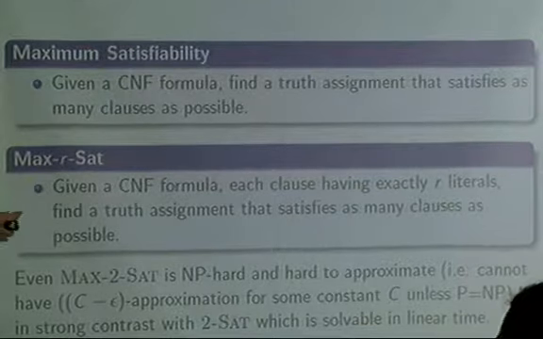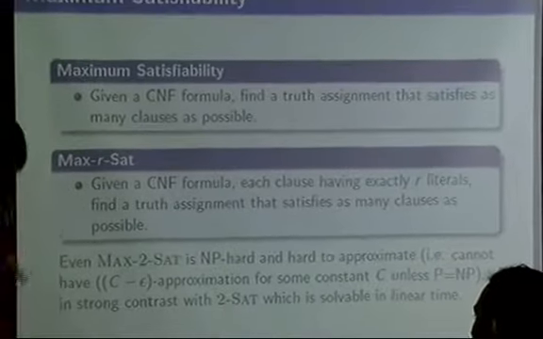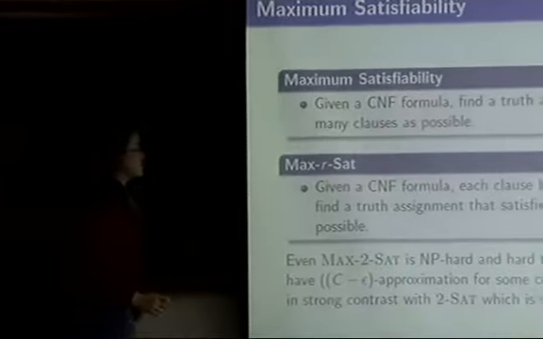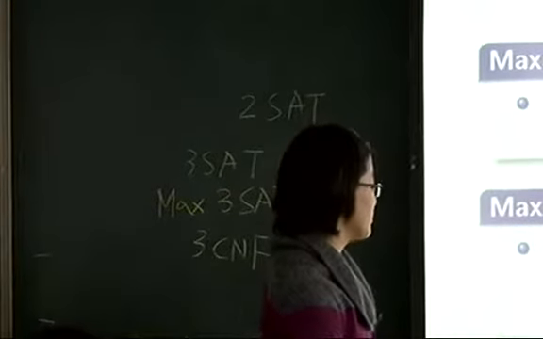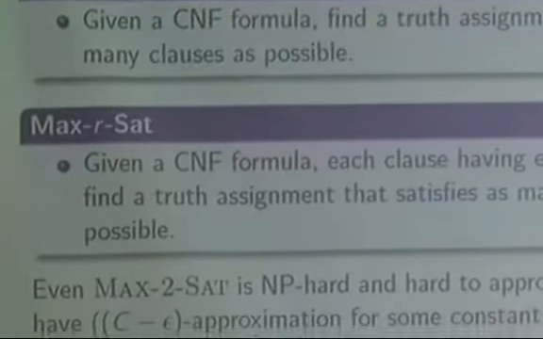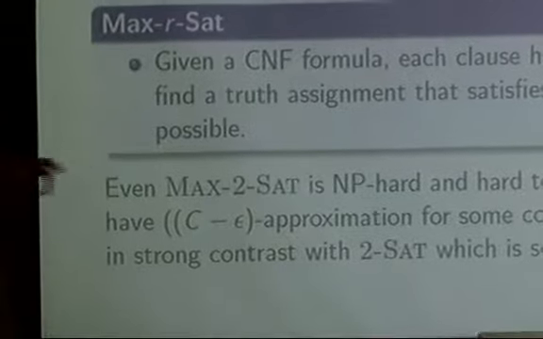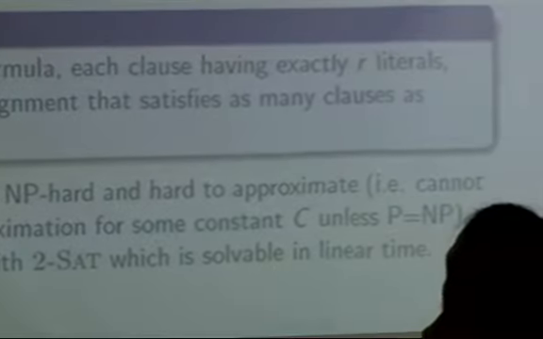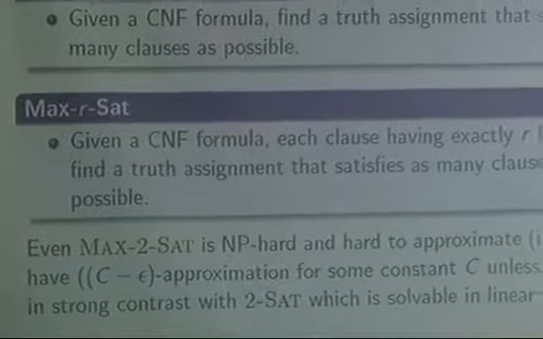But this problem is also very difficult. For the two satisfiability problem where each clause has 2 literals, you can solve it in polynomial time to check the feasibility, but if you want to maximize the number of satisfied clauses, then it's really difficult. It's APX complete, which means it's hard to approximate above some given threshold for the constant of the approximation.